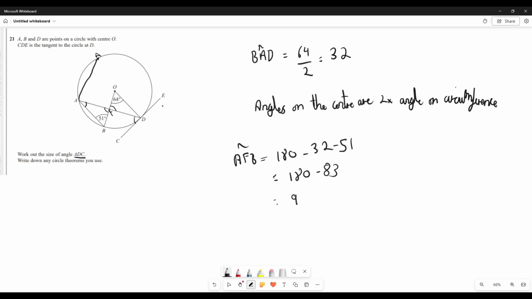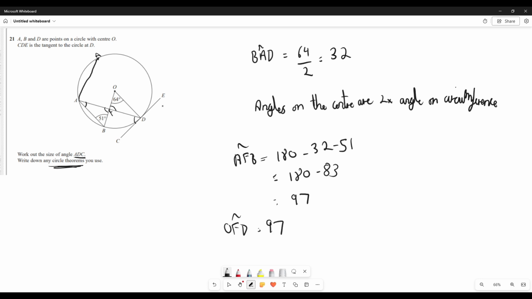So we know that would be 97. Now we don't need to write that angles in a triangle add up to 180, because it says only write down any circle theorems you use, not all your rules. So that's 97. So now if we look at the opposite angle, OFD would also equal 97.